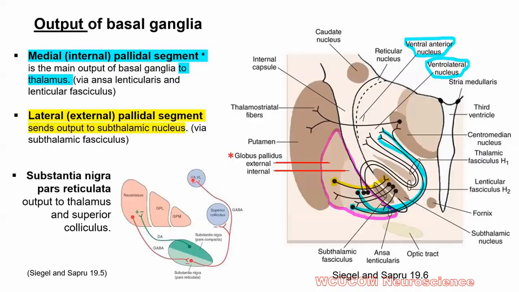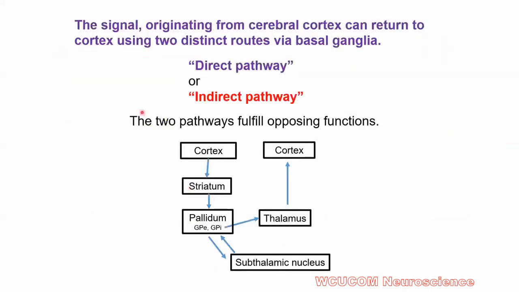Not surprisingly, these mechanisms will regulate eye movements, saccadic eye movements, contributing to the so-called oculomotor channel of basal ganglia looping neurocircuitry.